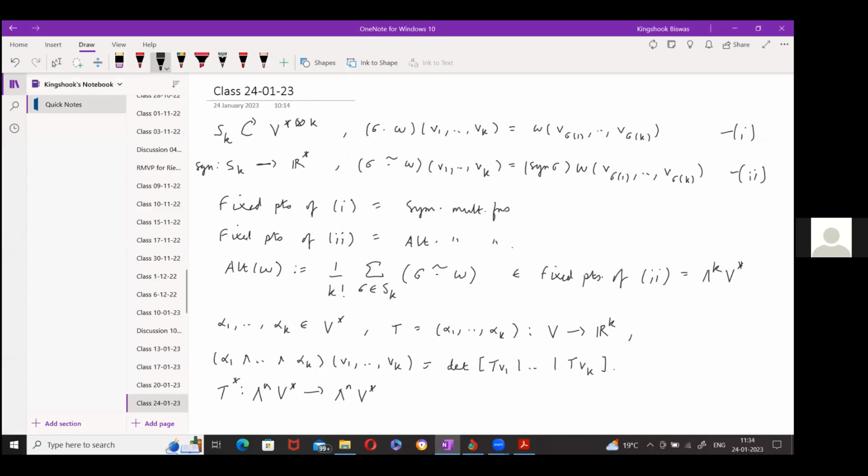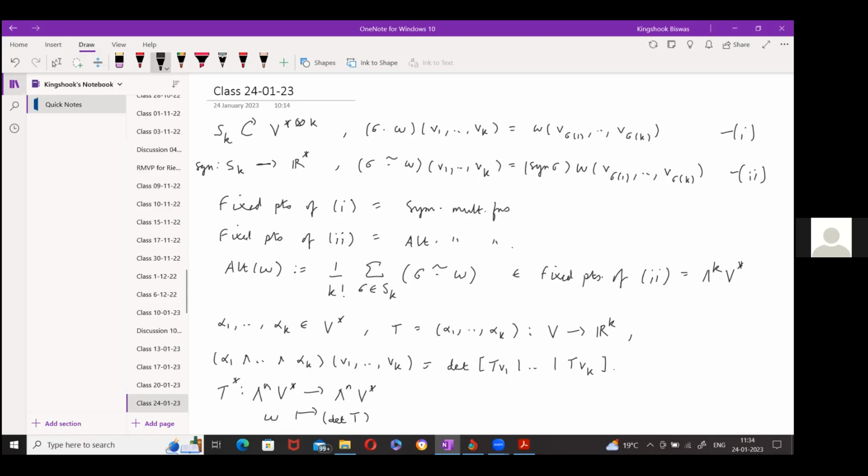So this must be multiplication by a scalar, right? Because it's a linear map from a one-dimensional vector space to itself. So it must be multiplication by a scalar, right? So that scalar is nothing but the determinant of T.